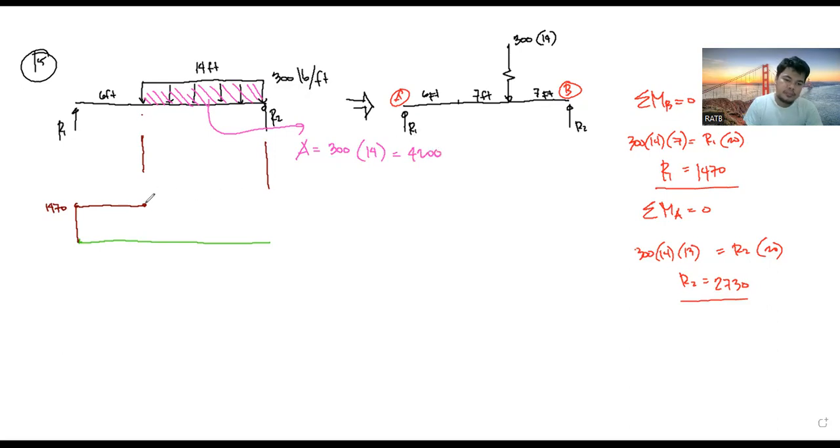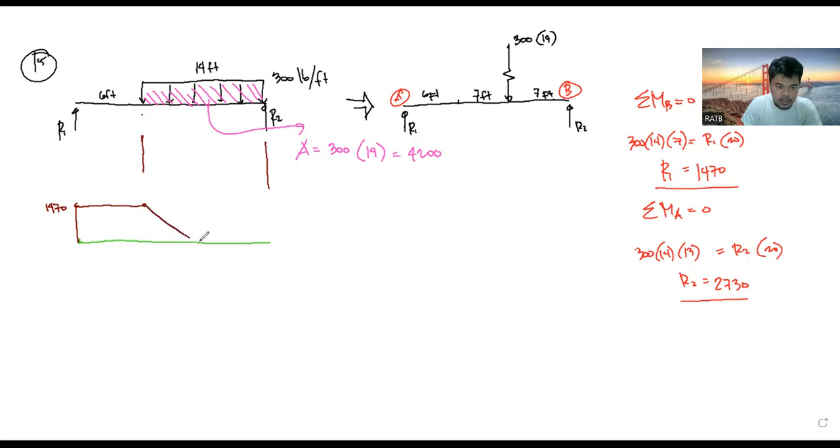So 1,470 minus 4,200. Since there are no forces in between except for the distributed load, all you need to do is subtract it directly.